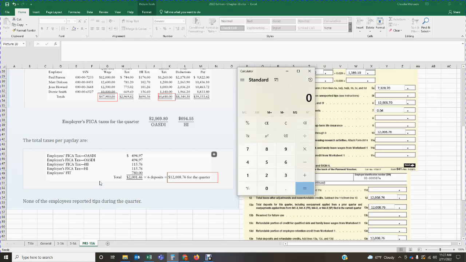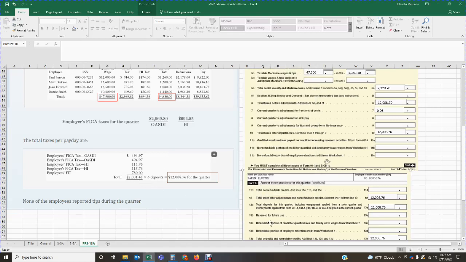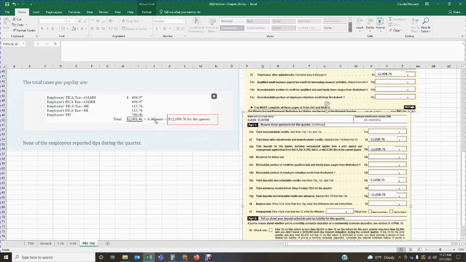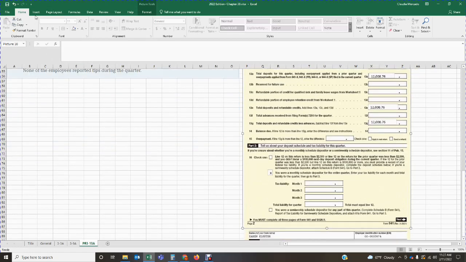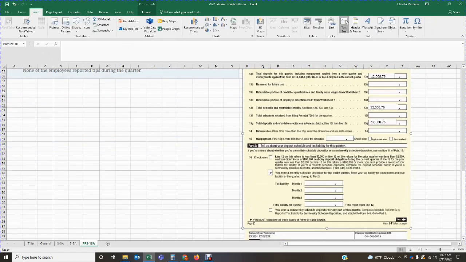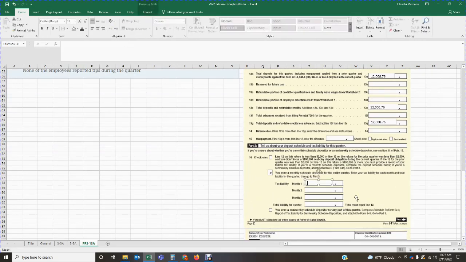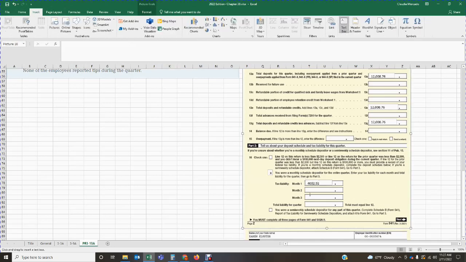So what did I do again? I took my total taxes and multiplied it by 2 payroll periods each month, which gives me $4,002.92. If we notice there's 6 deposits, there's 2 deposits in January, 2 deposits in February, and 2 deposits in March. So that dollar amount is going to be the same for all 3 months.